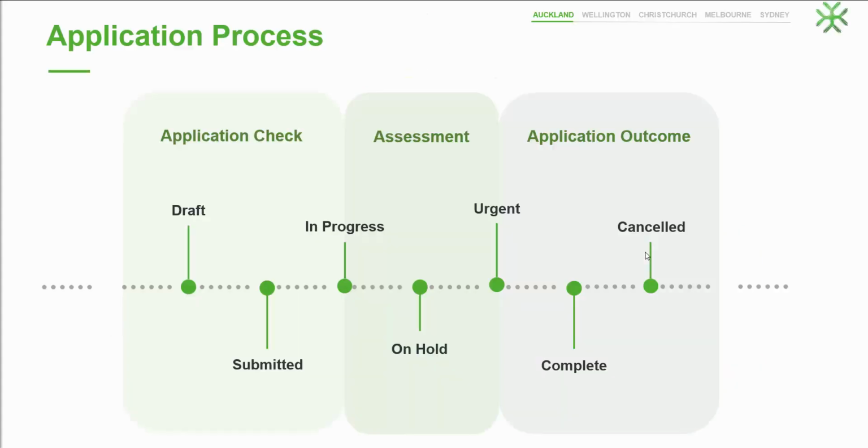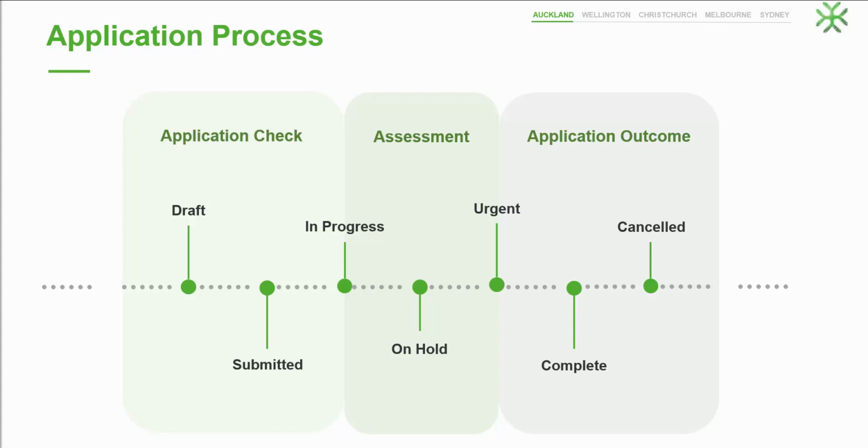So let's have a look at those business process flow stages. We've got essentially three stages: the application check stage, an assessment stage, and an application outcome stage. During the application check, you receive the application via your website or portal. It comes in as a draft status, and then it is submitted and put into a Dynamics 365 queue.